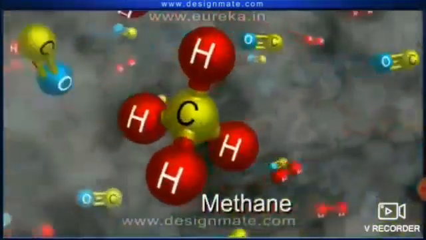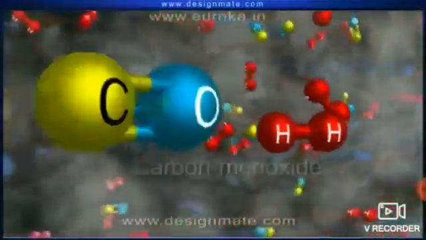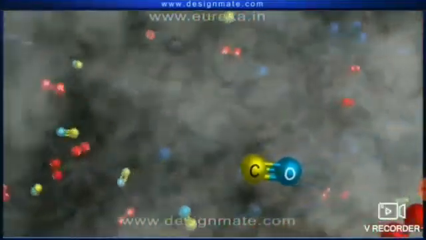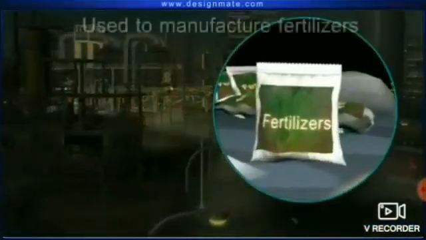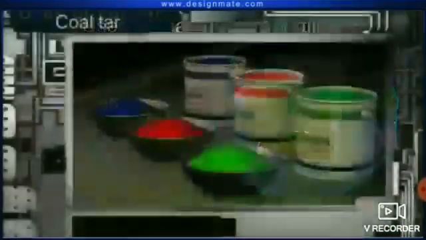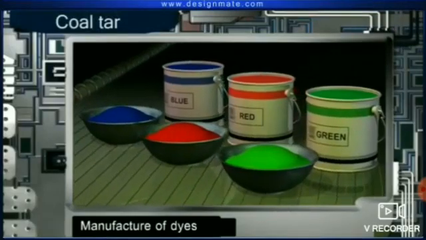Coal gas is a mixture of methane along with hydrogen, carbon monoxide, and other gaseous hydrocarbons, and is used as an industrial fuel. Ammoniacal liquor is mainly used to manufacture fertilizers. Coal tar is mainly used in the manufacture of dyes, insecticides, medicines, artificial yarn, etc.